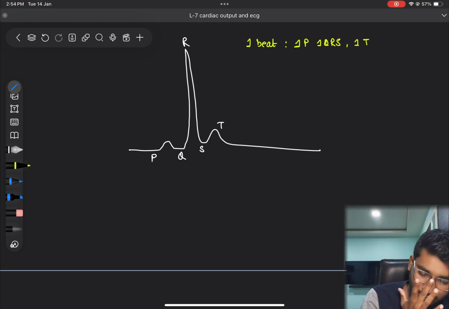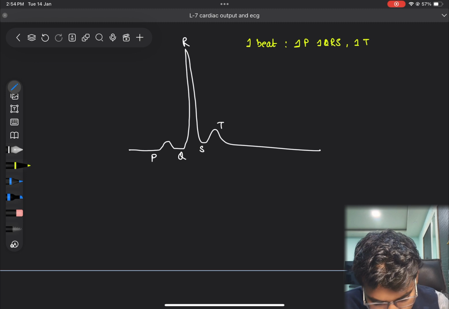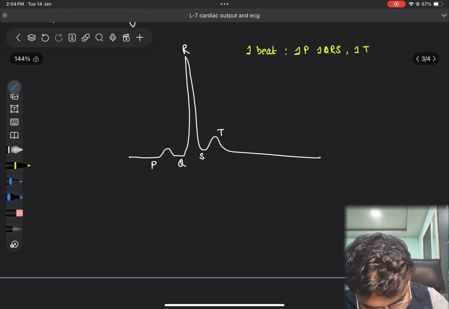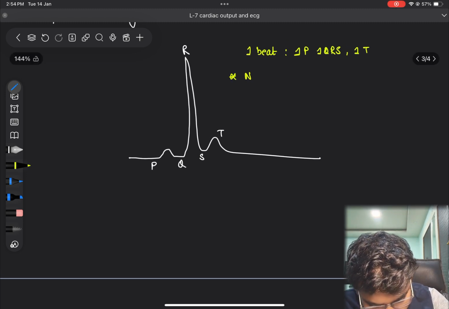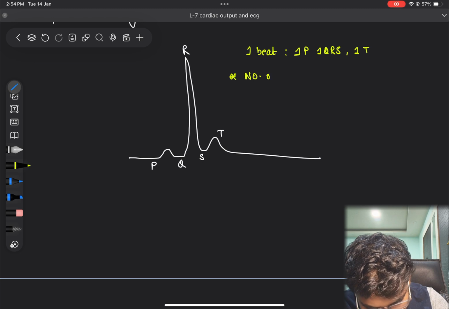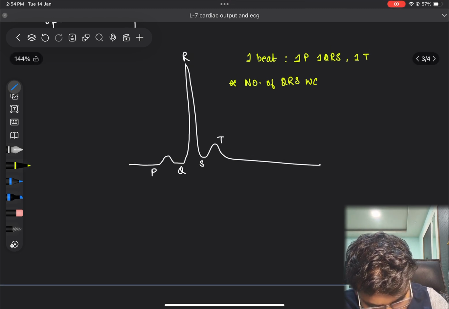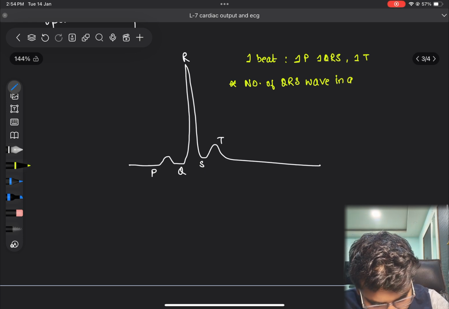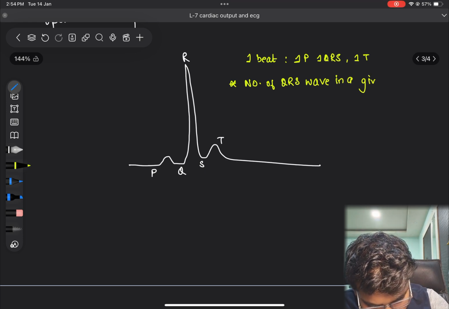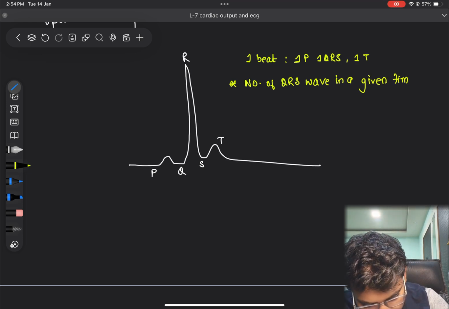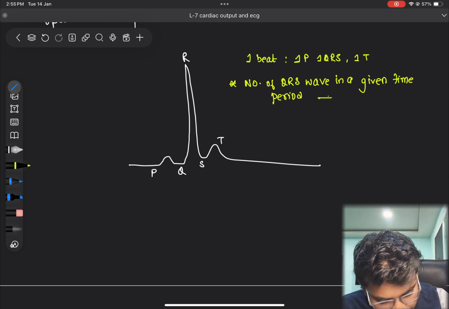Now the number of QRS waves in a given time period is called the heart rate.